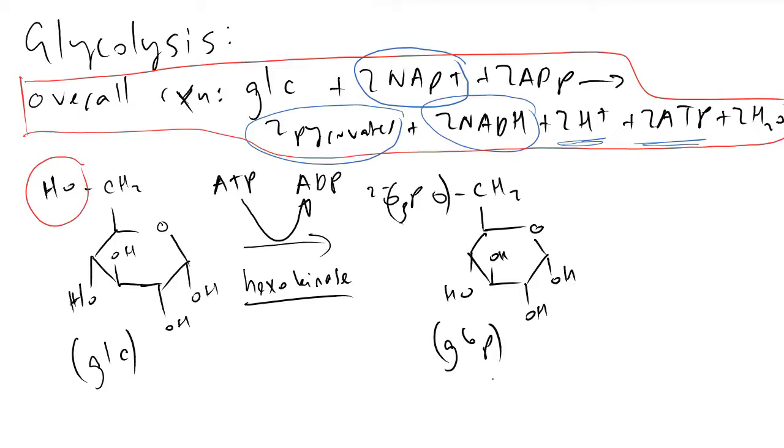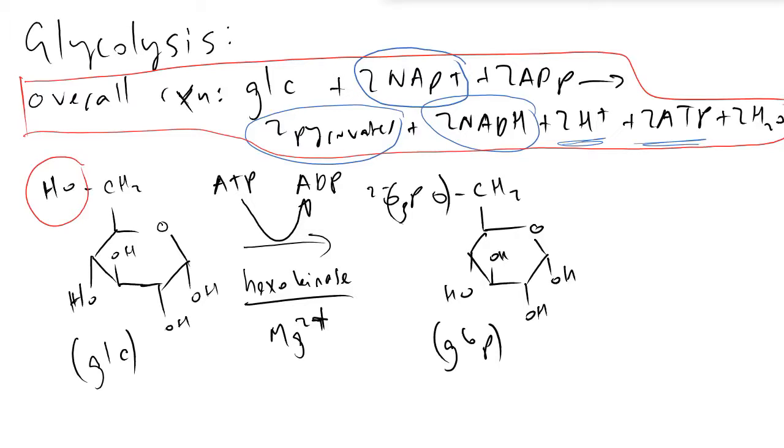And another thing to note is that this step 1 of our glycolysis reaction is catalyzed also in the presence of a magnesium 2+ ion. So this positive charged molecule helps stabilize intermediates that are created going from glucose to glucose 6-phosphate.